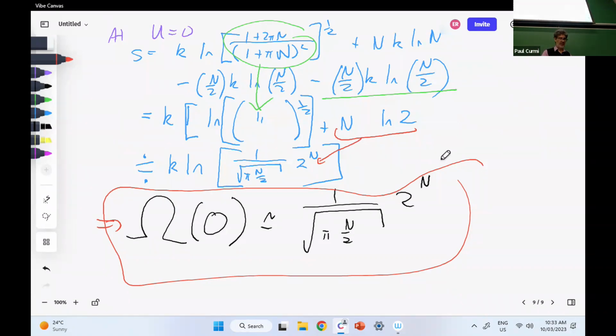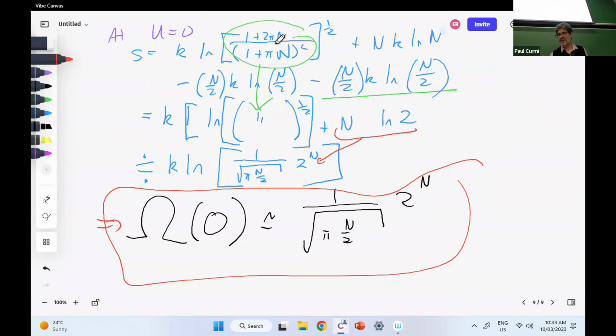So 1 plus pi n, that's disappearing, and 1 plus 2 pi n, that's disappearing. So I end up with that instead. Well, n is a large number, so 1 plus a large number is a large number. So that's all I've done there.